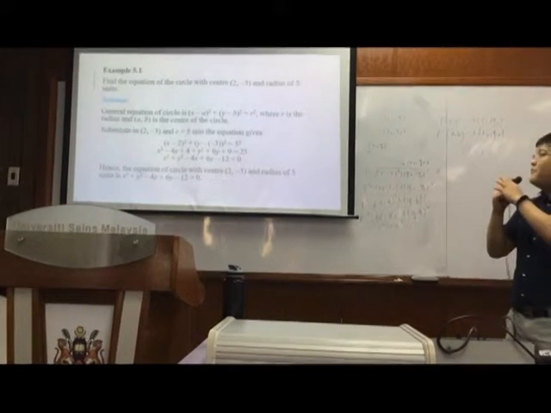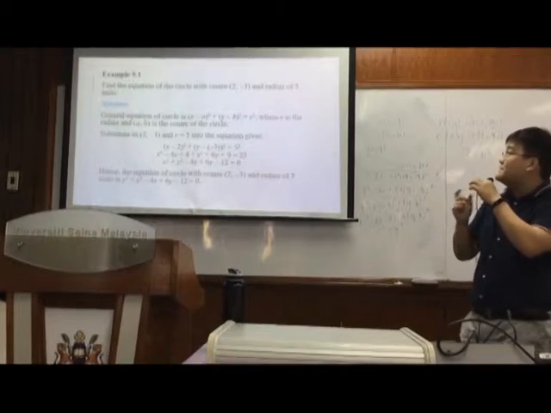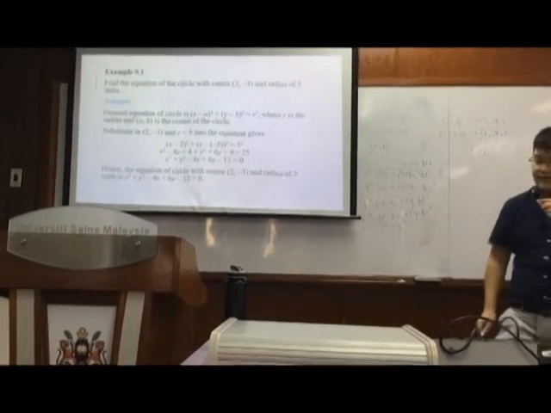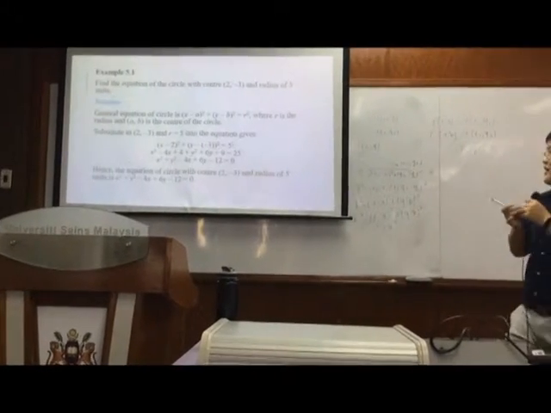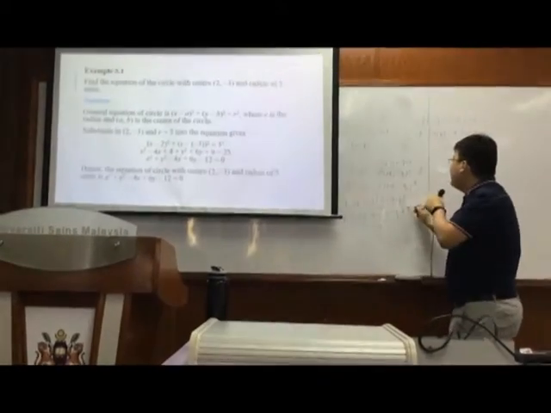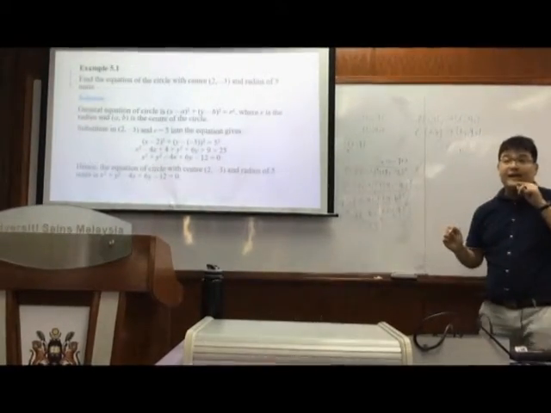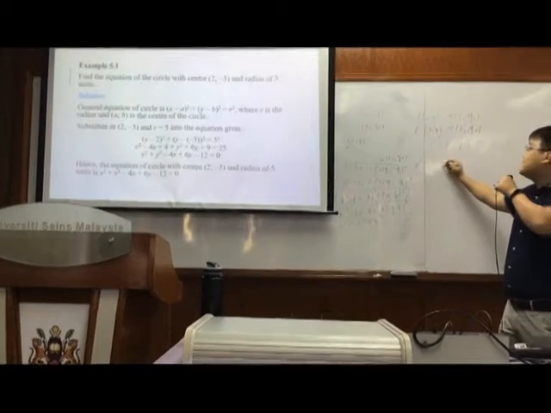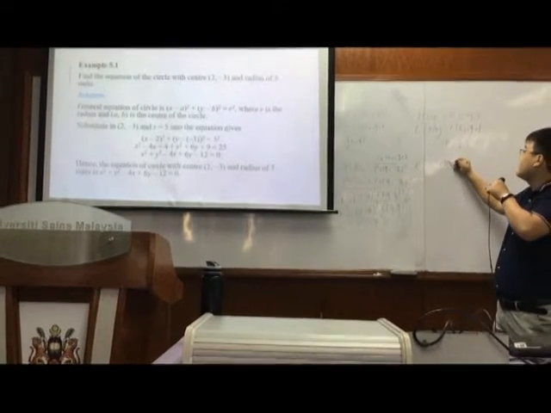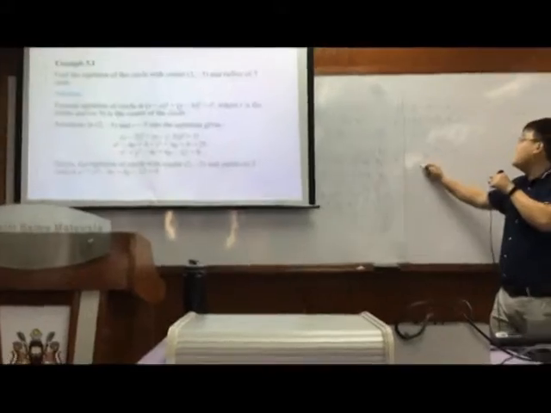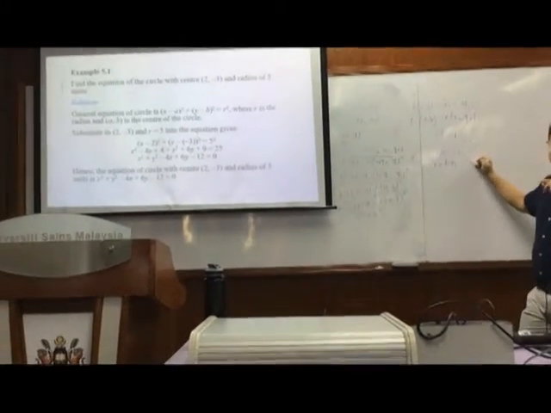Okay, we go to example 4.1. Find the equation of the circle with center (2, -3) and radius of 5 units. So recall the general formula for a circle. We have the center (2, -3) and radius 5.